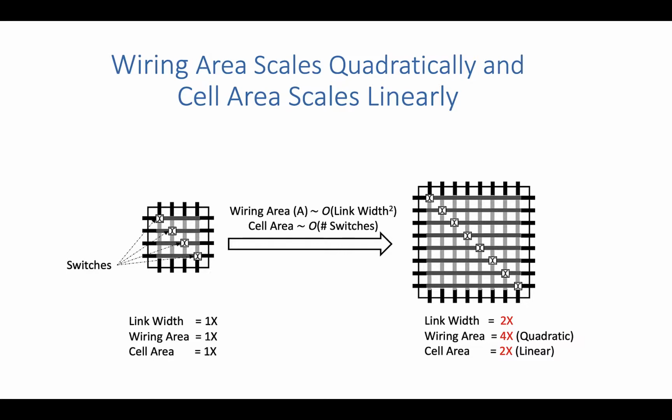The number of switches is an accurate approximation of the cell area of a router. And we can see that if we increase the link width from 4 to 8, as we did in the previous example, the wiring area quadruples in a quadratic relationship, while the number of switches, or the cell area, only doubles in a linear relationship.